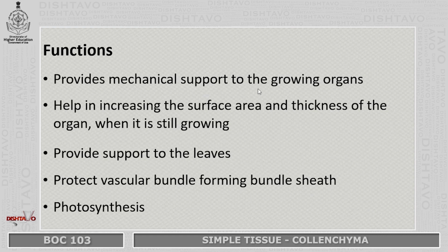Now we'll see the functions of the collenchyma tissue. Being a mechanical tissue, it supports the growing organs. We have the stems and the leaves, which show the presence of collenchyma, and it supports their growth.